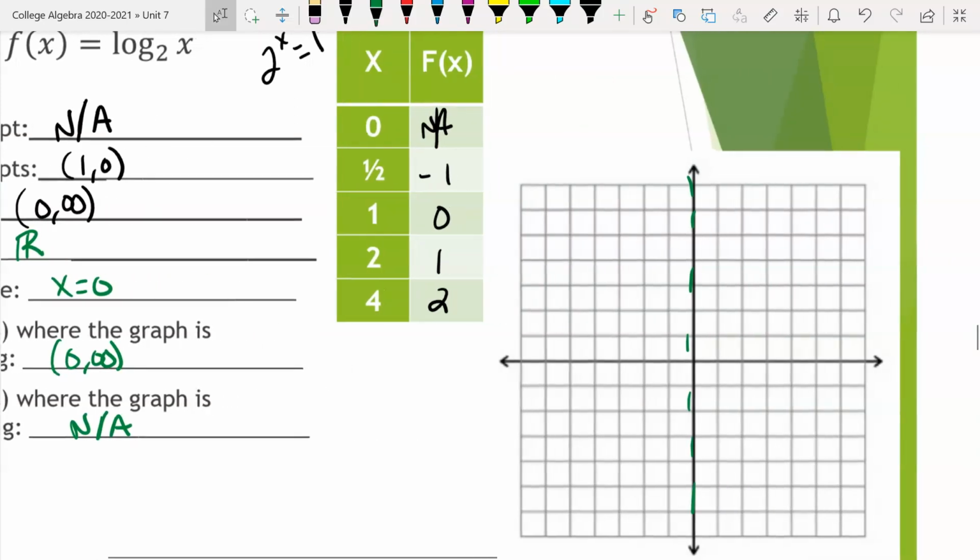So if I was going to graph this, let's see, 1/2, -1, 1, 0, 2, 1. That's what it would look like. And as long as you know the general shape of a log is always going to look like that, you should be fine, because then you can do transformations from there.